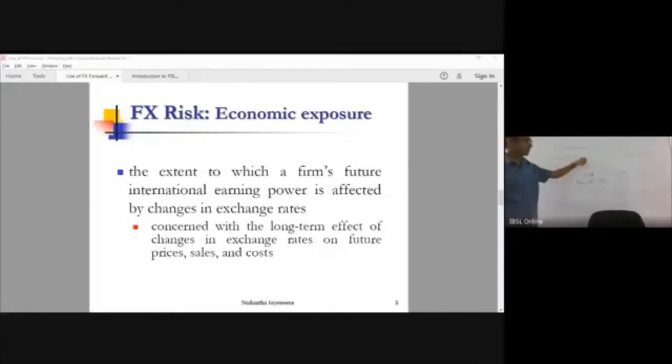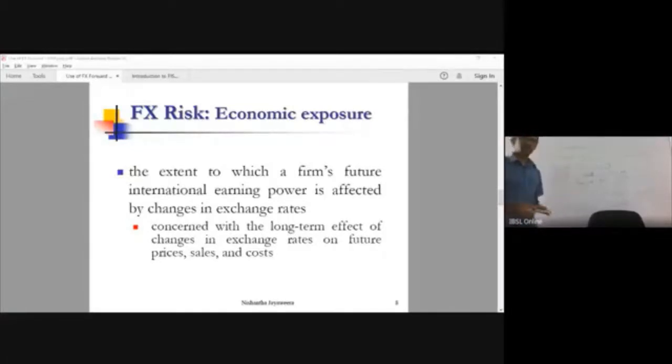If the exchange rate is 210, the price in euro is €2. But if the exchange rate moves to 220, with the same cost, the price may be €1.90. What would happen? For the importer in Germany, he sees a reduction in price. Now it's cheap for him to buy from Sri Lanka. The competitiveness of the Sri Lankan tea exporter may increase.